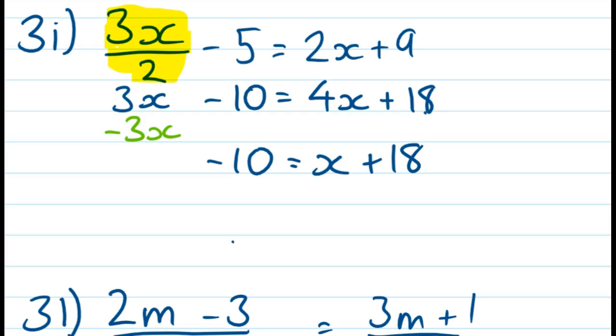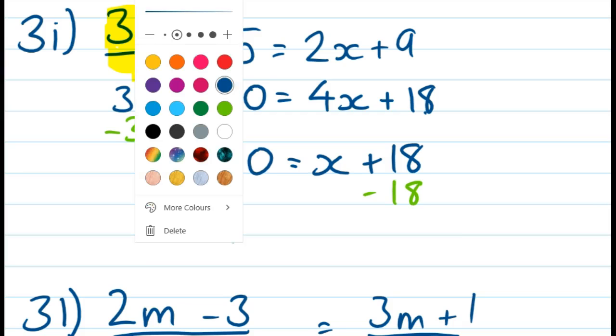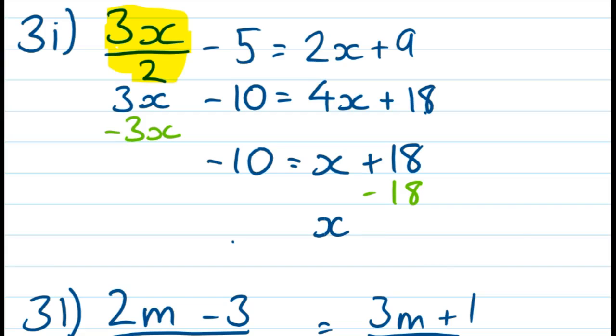Okay? Then we take away 18 from both sides to get rid of it. And we're left with x, because this 18 and that 18 cancel, equals negative 28. Minus 10, take another 18, gives you negative 28. Okay? And that's the question done.